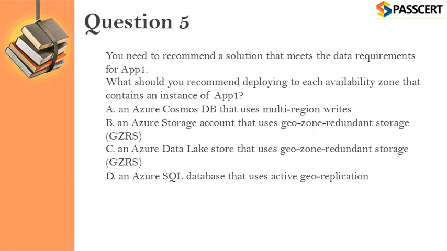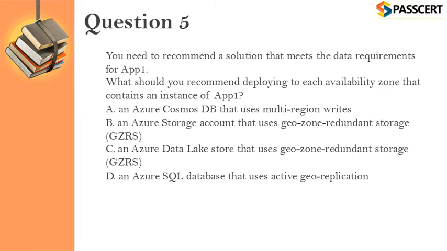Question 5. You need to recommend a solution that meets the data requirements for App 1. What should you recommend deploying to each availability zone that contains an instance of App 1? A. An Azure Cosmos DB that uses multi-region writes.